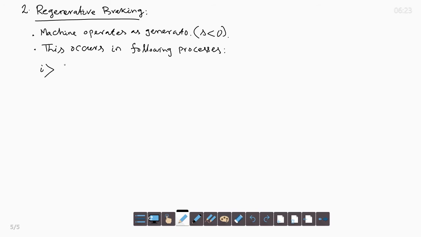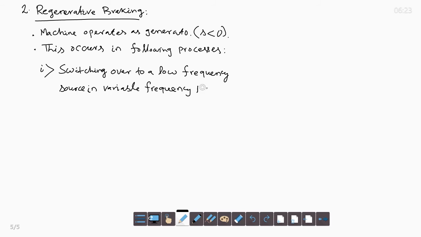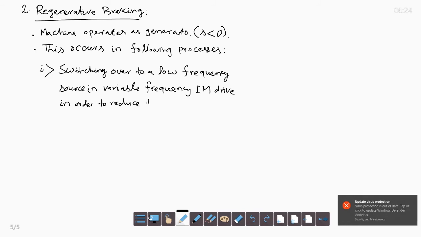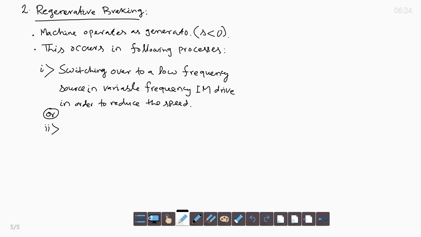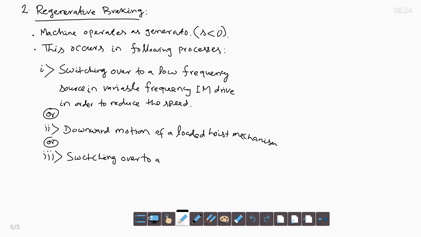First one is switching over to a low frequency source in a variable frequency induction motor drive in order to reduce the speed, or downward motion of a loaded hoist mechanism, or switching over to a larger pole number operation in multi-speed cage motors.